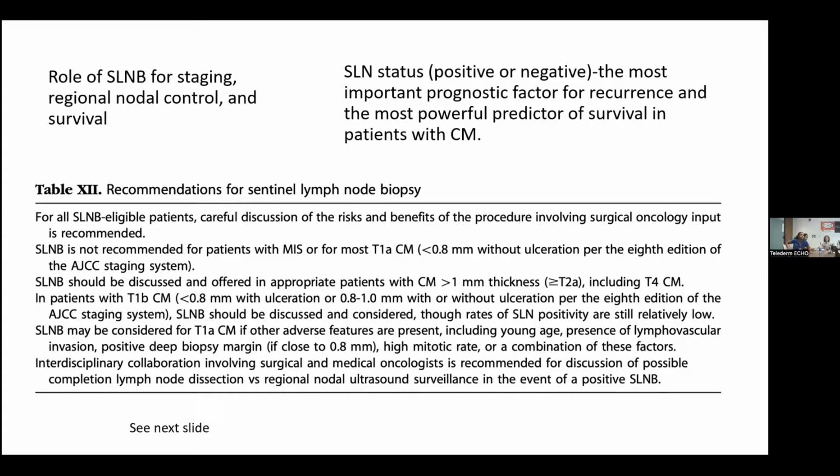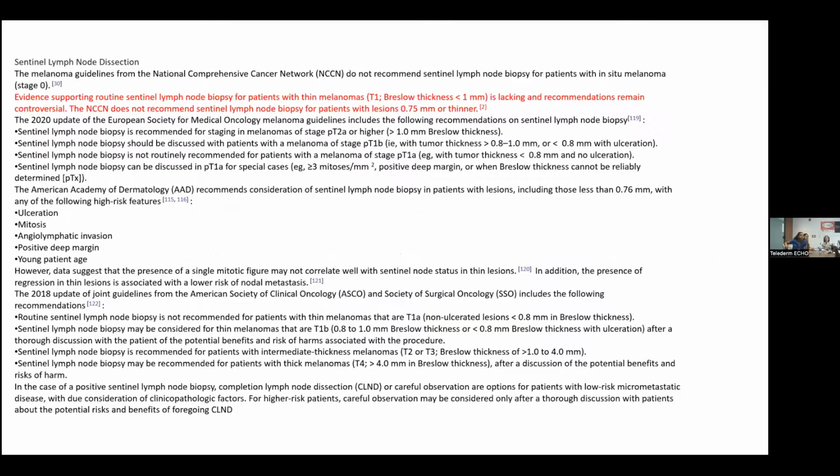Next. So these are different groups, including the National Comprehensive Cancer Network, the American Society of Clinical Oncology, and the Society of Surgical Oncology, including AAD. They all agree on performing sentinel lymph node biopsy if the tumor thickness is above 1 millimeter, and to have a discussion with the patient if the tumor thickness is between 0.8 to 1 millimeter.